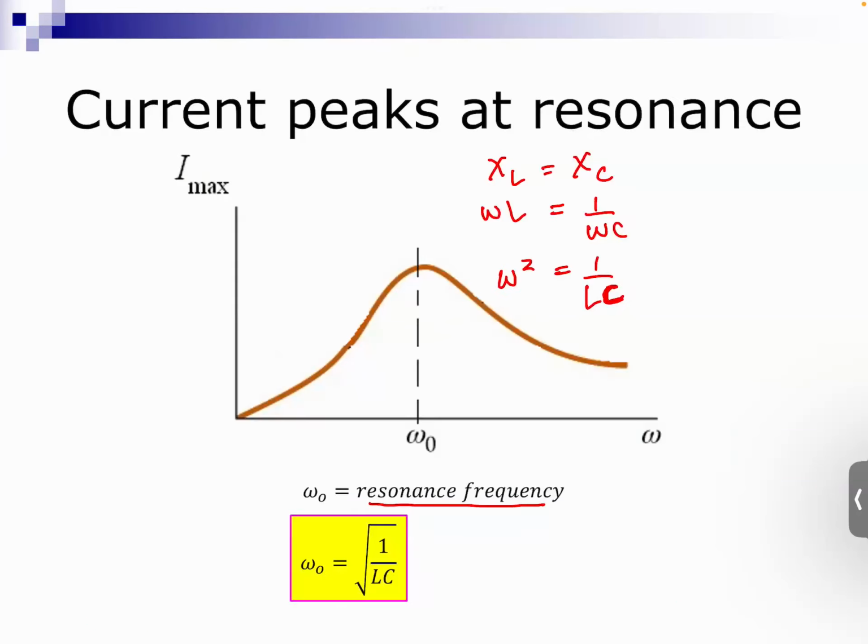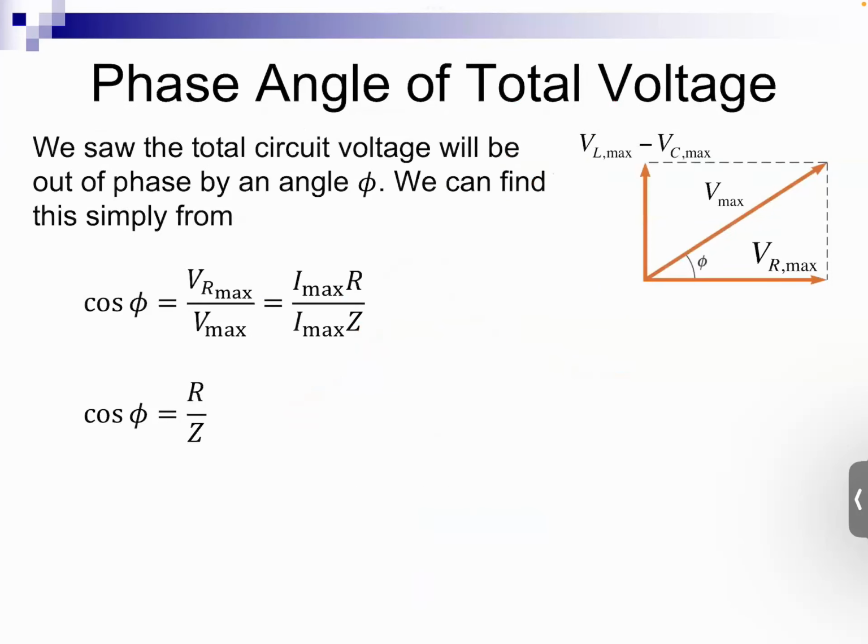Now, in terms of finding the power, we need to first find this Vmax. To find this Vmax, we can relate that to this angle phi. This was the vector diagram we had simplifying the phasors for the RLC components in our series circuit.